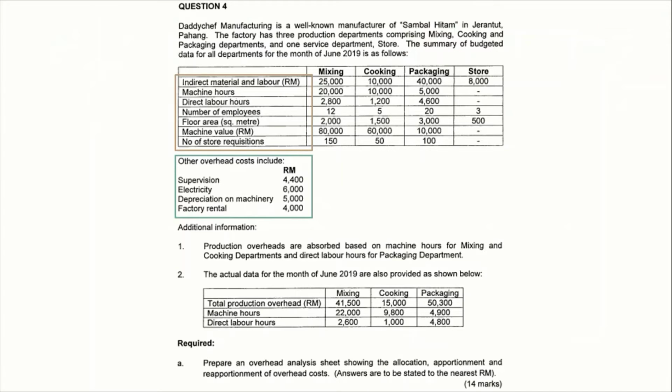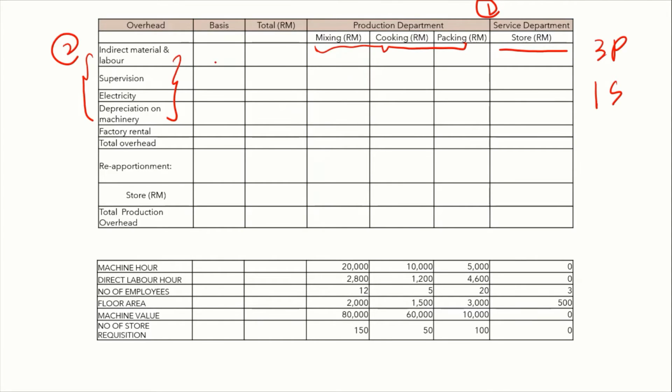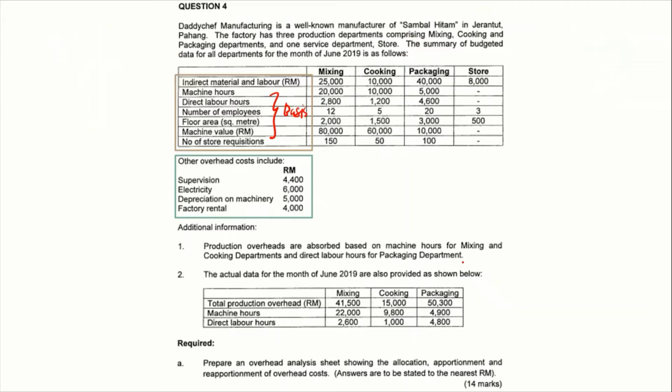In the question, actually, all the bases that you can choose from are already listed. So you choose from these bases and put them in this column, one by one. Everything is based on the question. You don't have to refer to the table that much. Just understand which overhead cost is defined on which basis, because they don't explain clearly here. So you have to choose one basis for each cost.